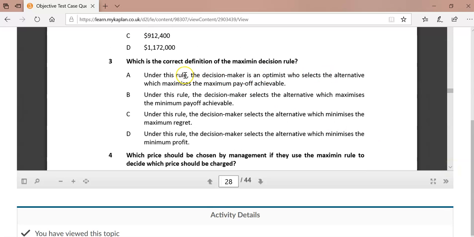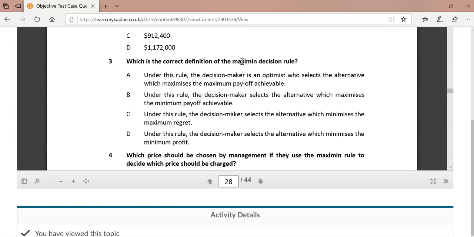What is the correct definition of the Maxi Min decision rule? Now, Maxi Max was, listen, I'm totally optimistic. I'm going to make the decision that gives me the highest profit. Maxi Min says, I'm going to look at all the decisions and lay out all the worst case results.